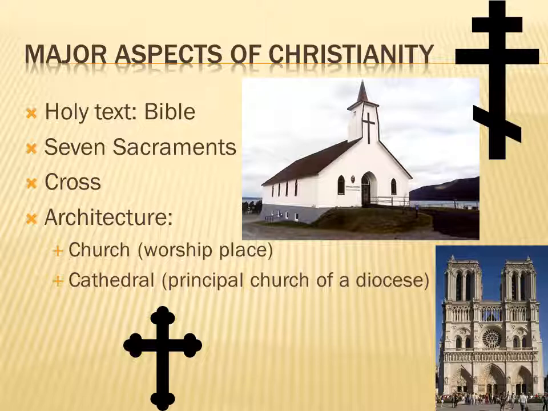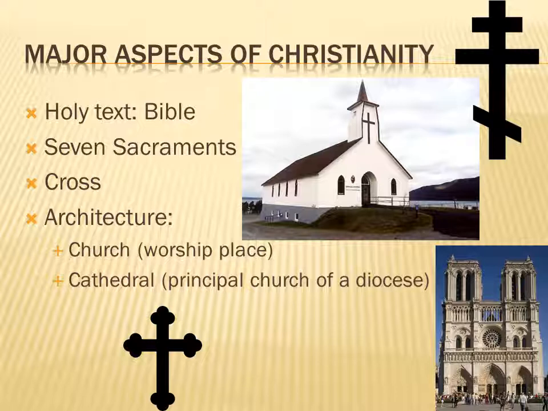As far as symbolism goes with Christianity, the cross is one that is very, very identifiable for Christians worldwide. There are some different versions of the cross that you may see in different places in the world, and they tend to be associated more with different branches of Christianity. So the cross that you see down there at the bottom is the cross that's typically associated with Roman Catholicism.